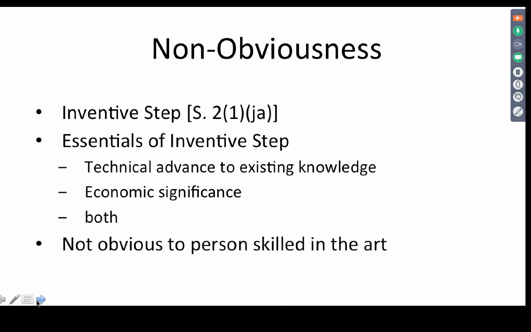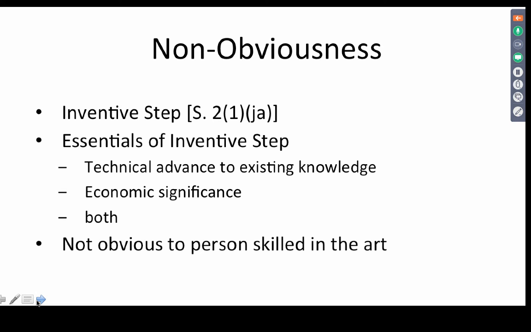Obvious to a person. So if it is obvious to a person, A, B, C, and then D in that particular field, then we don't call that an invention. Rather, we say that that is an obvious step. It's not patentable.